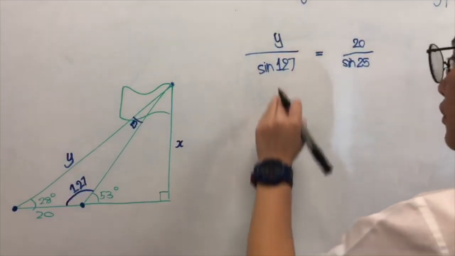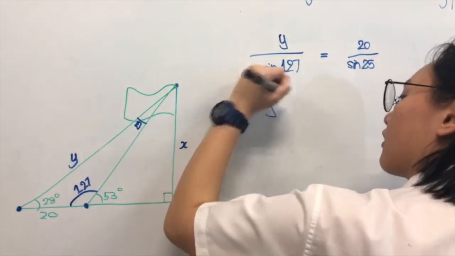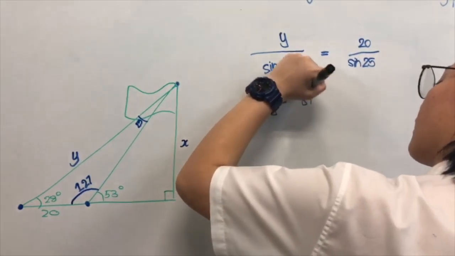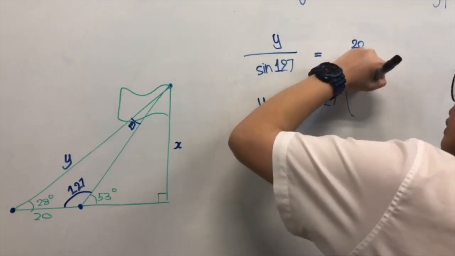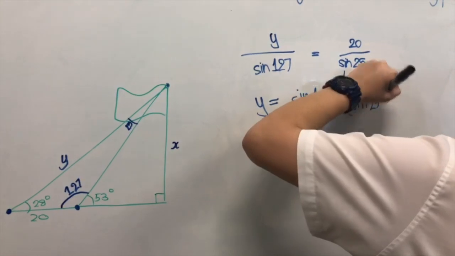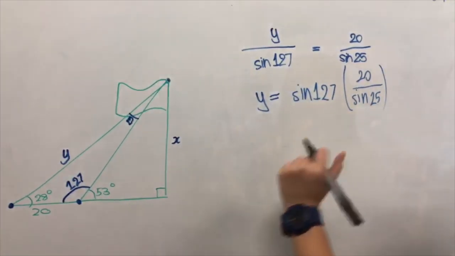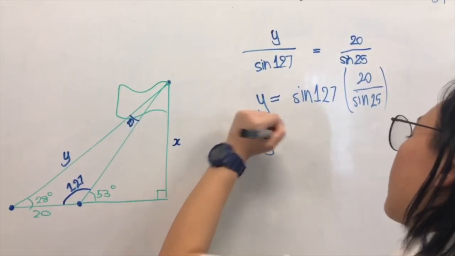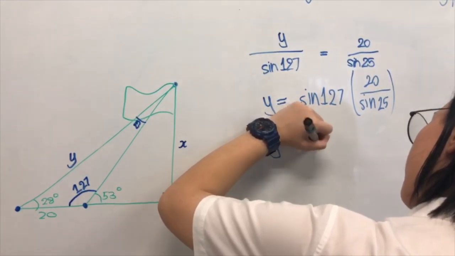So I will multiply sine 127 to this side. And then I will plug this into the calculator, and I will get that y is equal to 37.8.